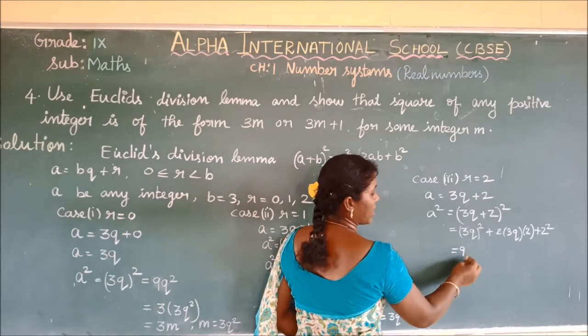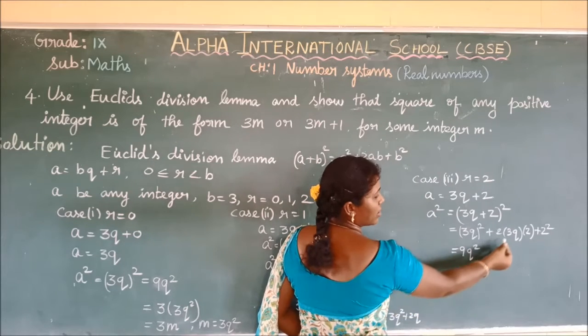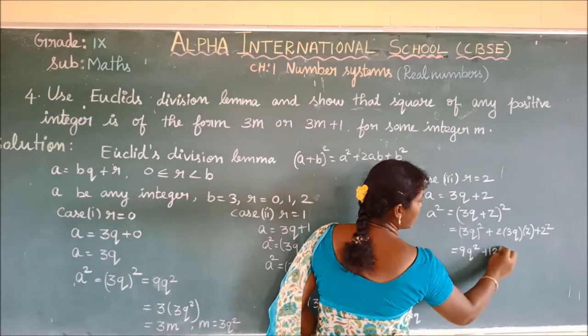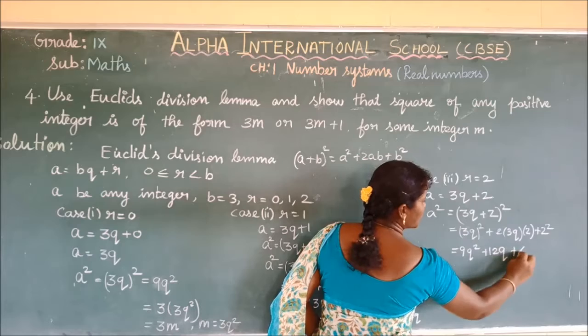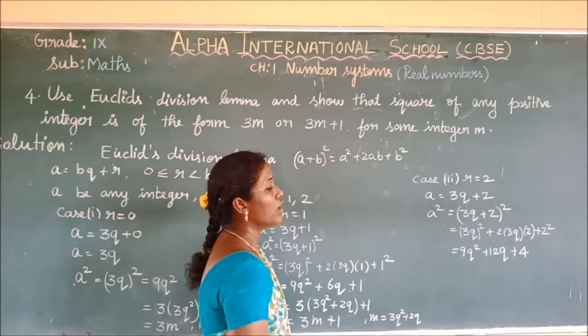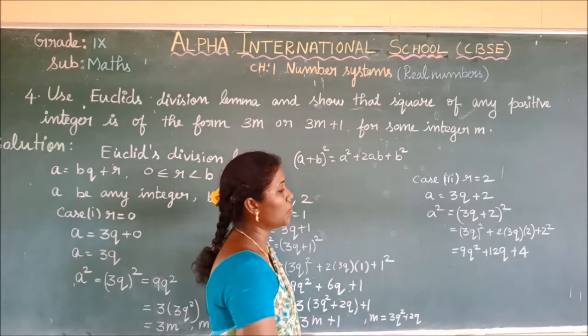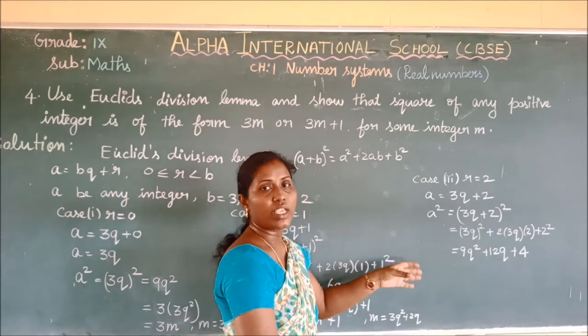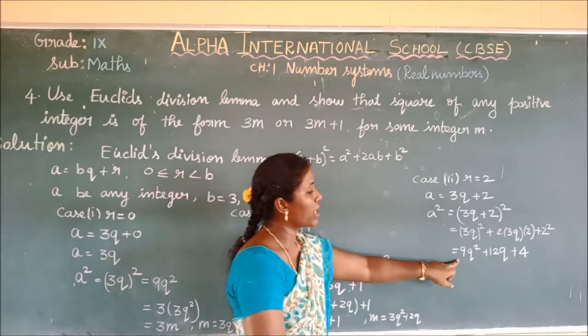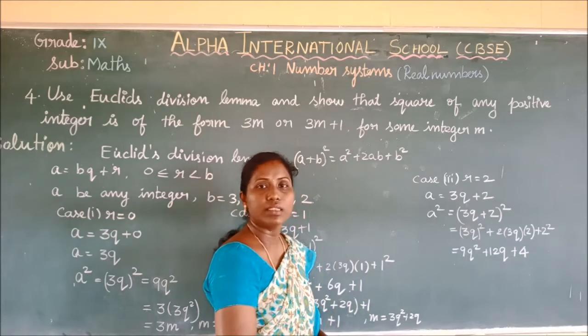Now 3 3s are 9q square, 2 3s are 6, 6 2s are 12, so 12q, plus 2 2s are 4. See, here also there are no like terms. So you have to express this in the form of 3m plus 1. For 9 and 12 we can take the number 3 common.